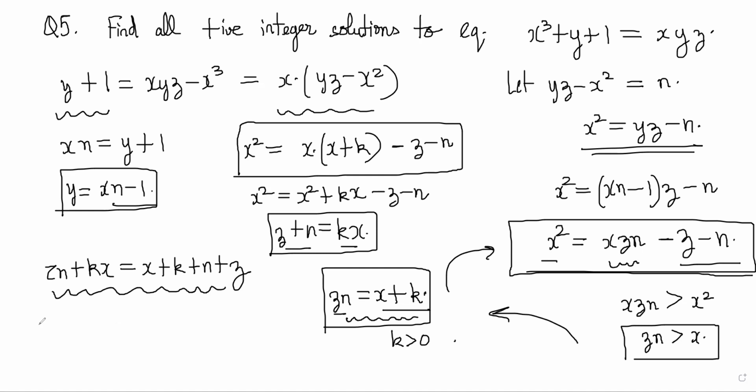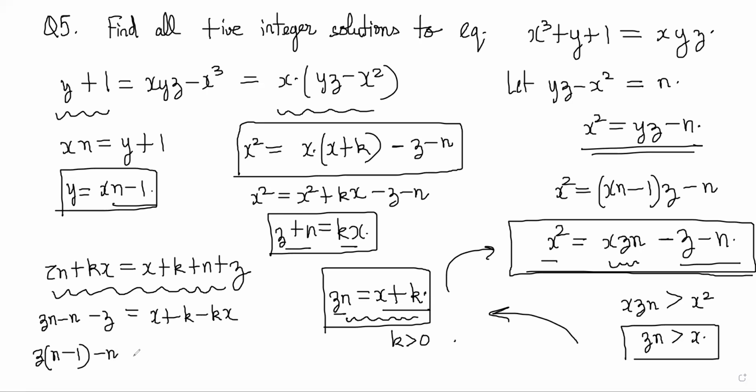And now we can factorize this by taking terms to one side. We take zn minus n minus z on one side, and I will take x plus k minus kx on the other side. Here I can simplify it as z common, n minus 1, and I have a minus n.